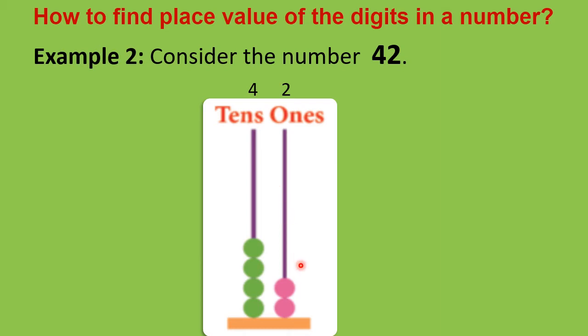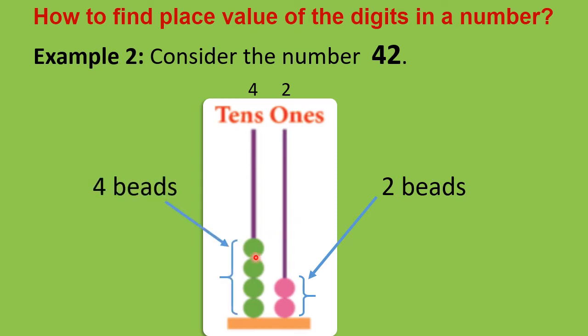Here we see 2 beads on ones place rod, because we have the digit 2 here, and we consider 4 beads on tens place rod to represent the digit 4.